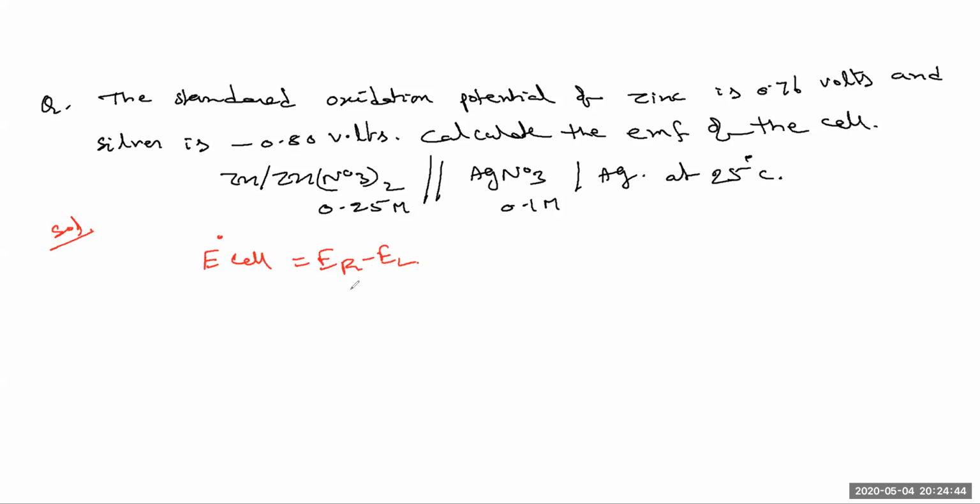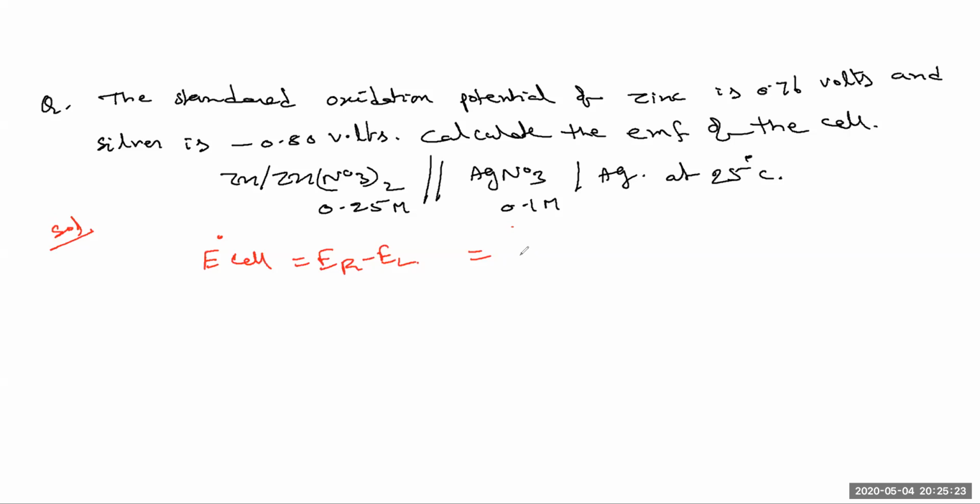Silver is the reduction potential, and zinc is oxidation. The given value is the standard oxidation potential of zinc, so this is the reduction potential.